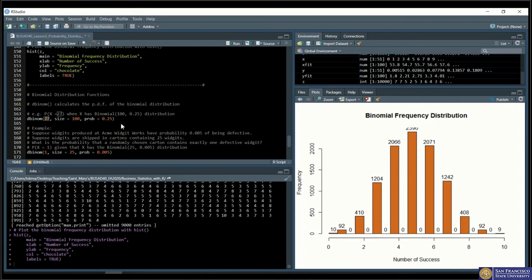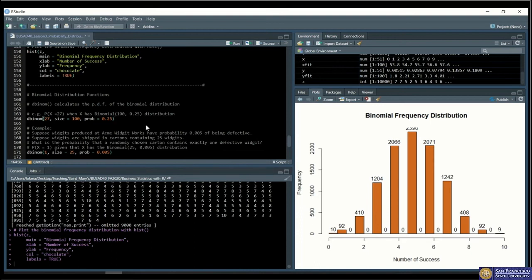You don't need to worry about an interval, like from 27 to the lowest number, or 30 success cases or more, because you can literally ask about a particular value at a particular point for a binomial distribution. So the d binomial function is going to give you that probability at that particular point in the distribution. So how likely am I to get exactly 27 successes?